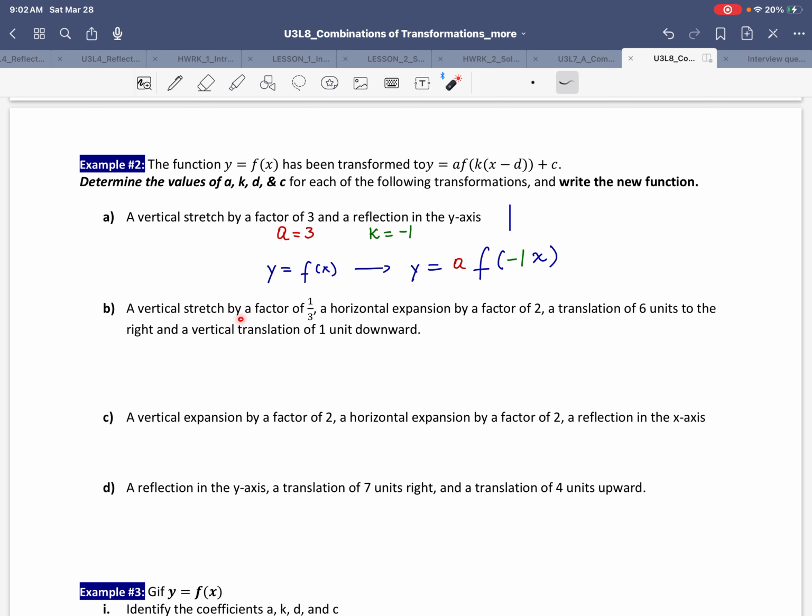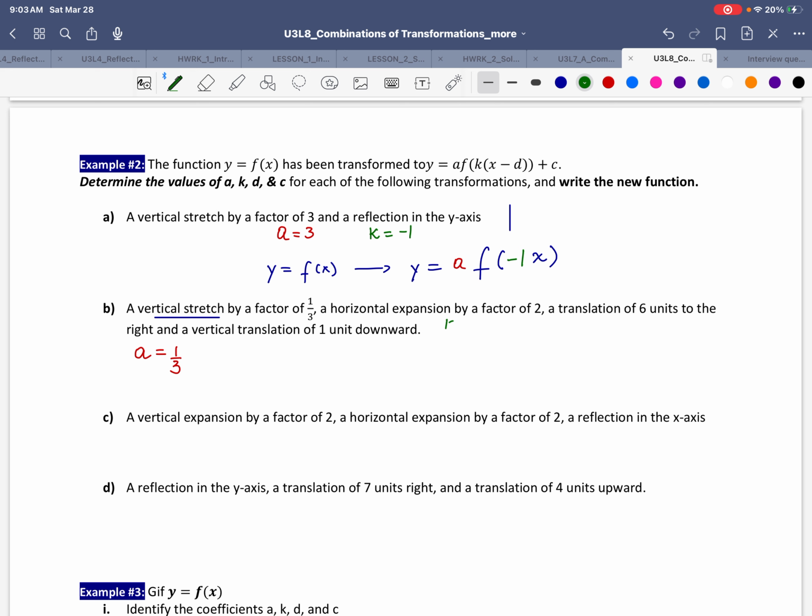Now, a vertical stretch by a factor of 1/3. So if the vertical stretch is by a factor of 1/3, it means that the graph has become shorter. So that tells us that coefficient a is at work here, and it is equal to 1/3. A horizontal expansion by a factor of 2. So that means that k is working here.